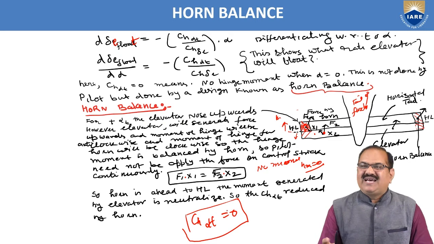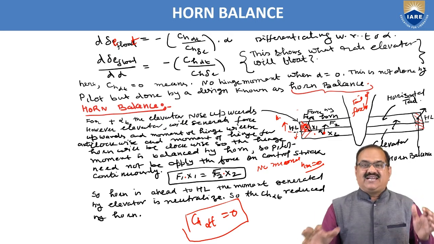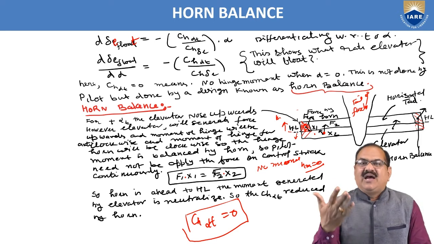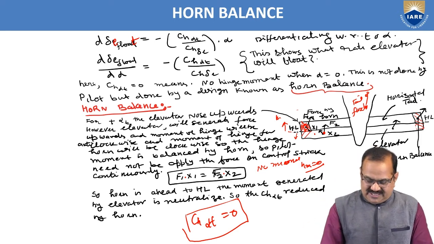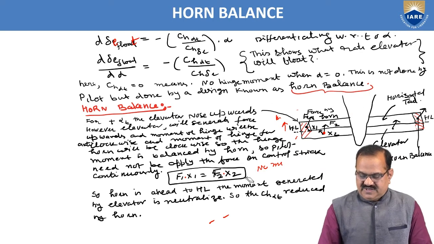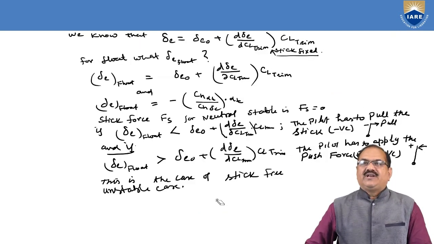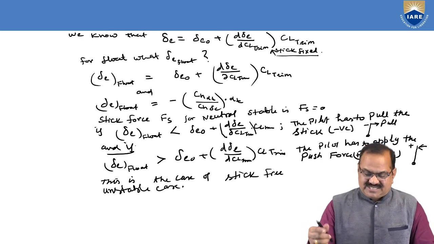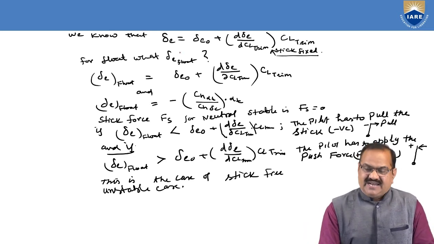That is the purpose of the horn: the pilot should not apply any force after deflecting any control. Okay, now we can go ahead further. We have discussed a lot about this delta E.